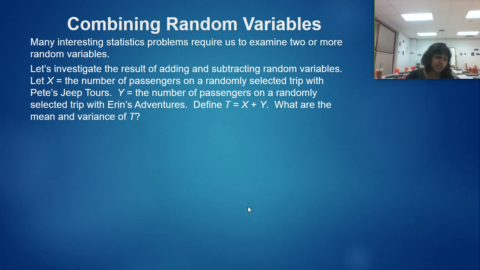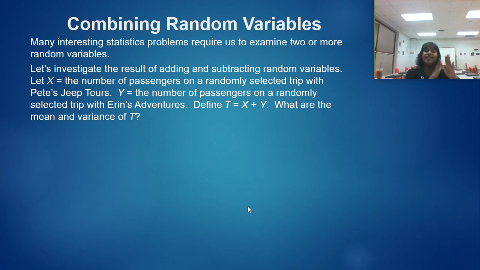They tell you that Pete has a sister named Aaron who lives in another part of the country, and she also lives near a tourist area. Since she was so impressed by Pete's Jeep tours, she decided to join the business and run her own. So she has Aaron's Adventures. After a year of steady booking, she comes up with her own probability distribution. That's the information we have ahead of us.